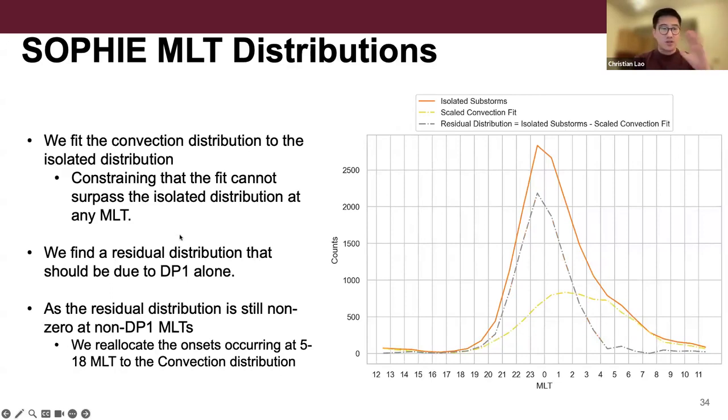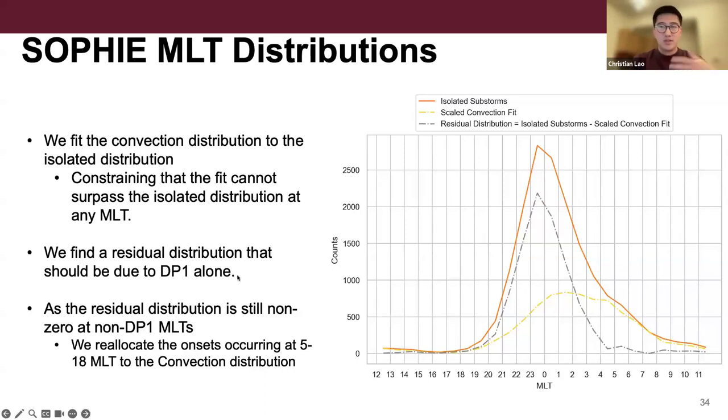So what we did was we decomposed this distribution. The first step was to fit the convection distribution from before to the isolated distribution. We constrained that the fit cannot surpass the isolated distribution at any MLT. And then we resolved the residual distribution, that is the isolated substorms minus the convection fit.